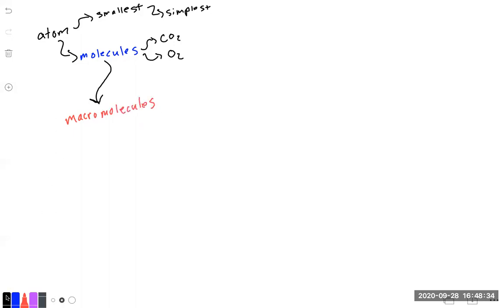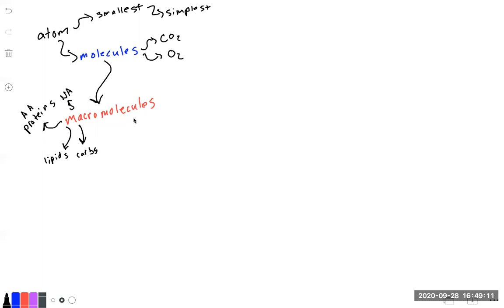Our macromolecules would be proteins, our lipids, and when I say protein, of course, I mean our amino acids, and our carbohydrates. And last but not least, our nucleic acids. And that's when you really start to see things kind of take shape.